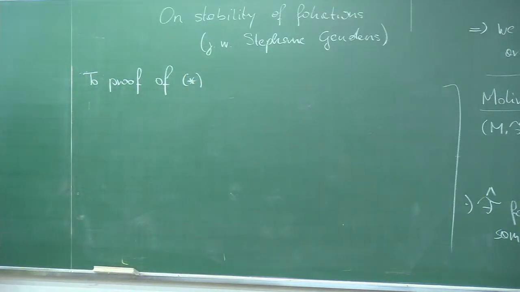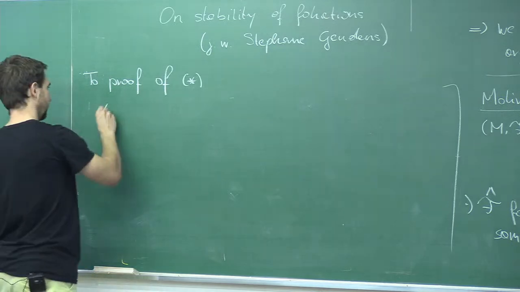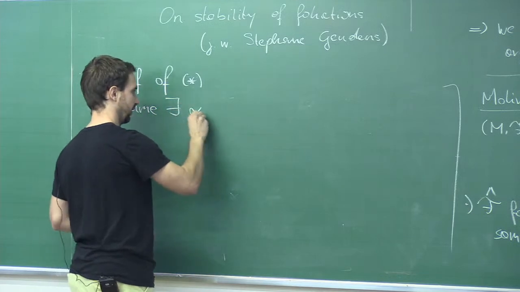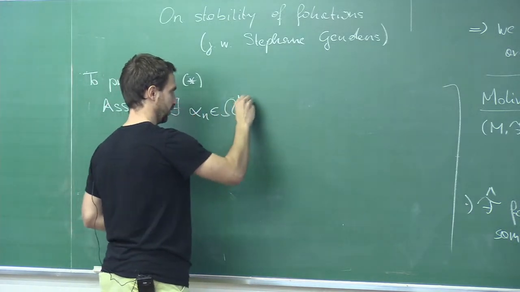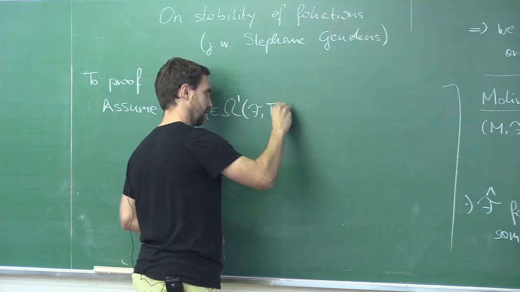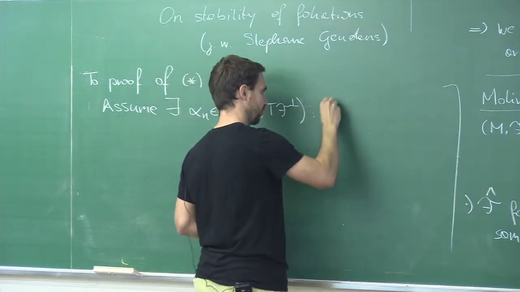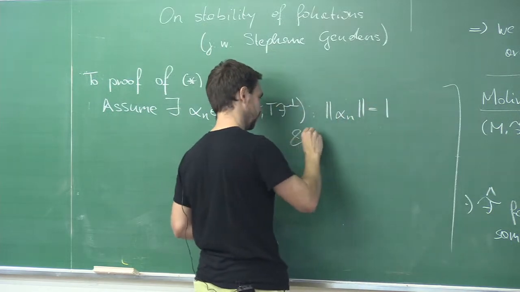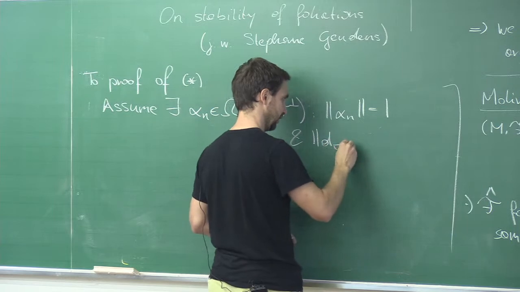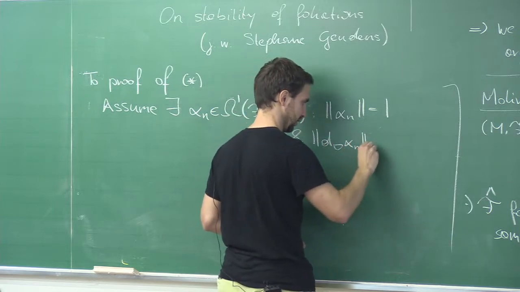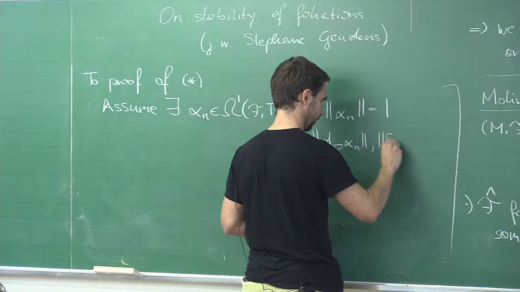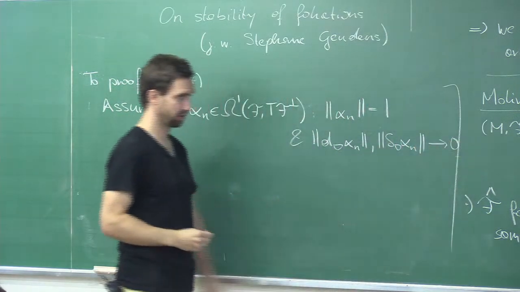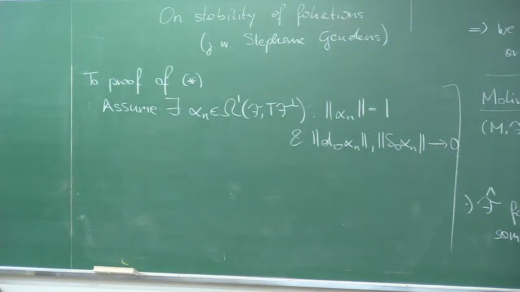So we do a proof by contradiction. We assume we have a sequence such that the corresponding norm is normalized to 1, and the corresponding norms for the differential and co-differential are going to 0, so that we cannot satisfy our estimate over there.